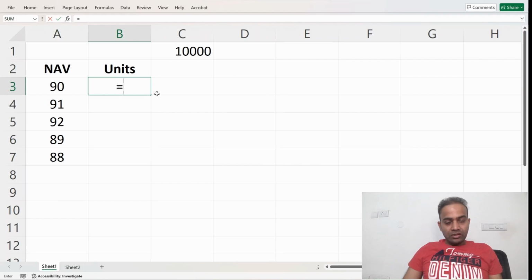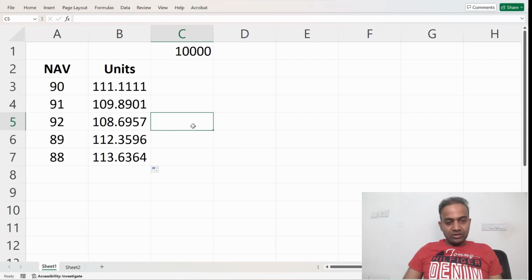So you divide the investment 10,000 by the NAV, and this is the number of units you get in the first month. Similarly, for the subsequent month, you get 109.89, 108.69, and then when the market falls, you get more units, 112, 113.